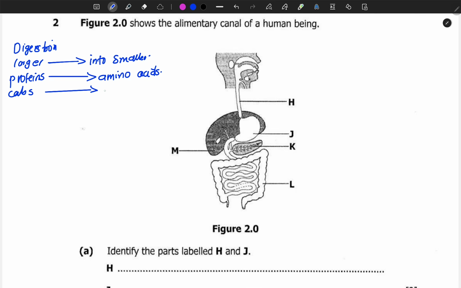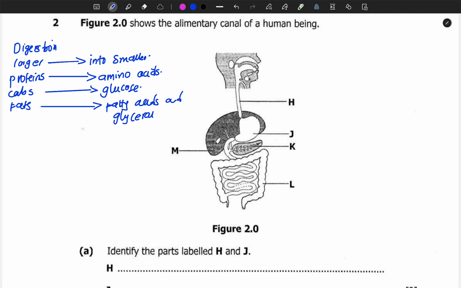The carbohydrates need to be broken down into glucose. Then we also have fats. The fats need to be broken down into fatty acids and glycerol. So at this point, in smaller sizes, the body is now ready to use these food values.